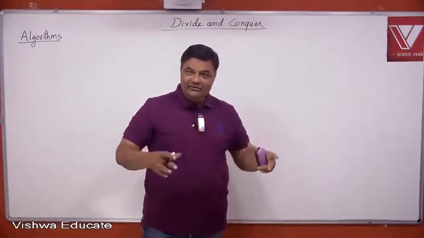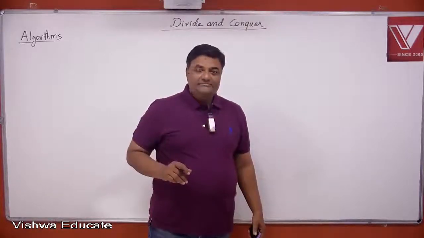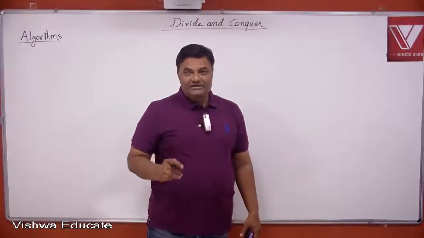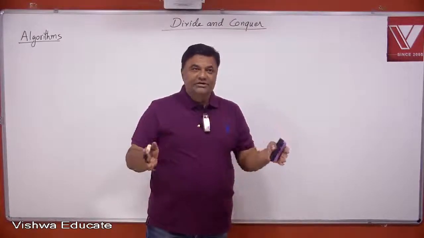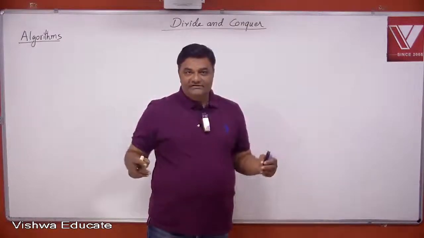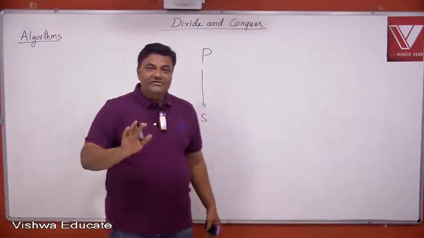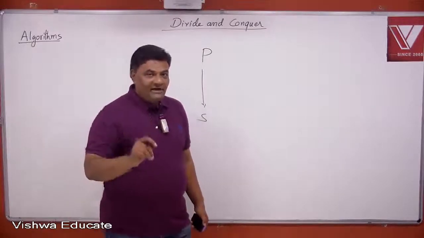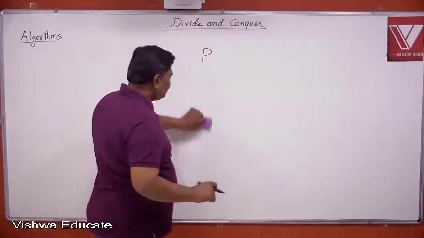No. The size of a problem, the number of inputs. If 10 numbers are given to you, 10,000 numbers, 10 million numbers. So it is based on the size of input. So the problem is large if the size of the input is large. Then what to do? Let us see.